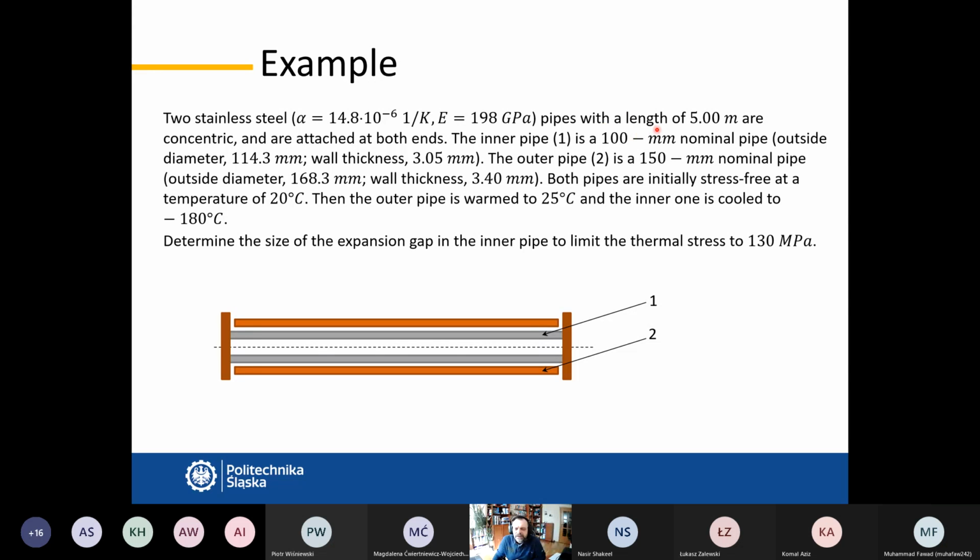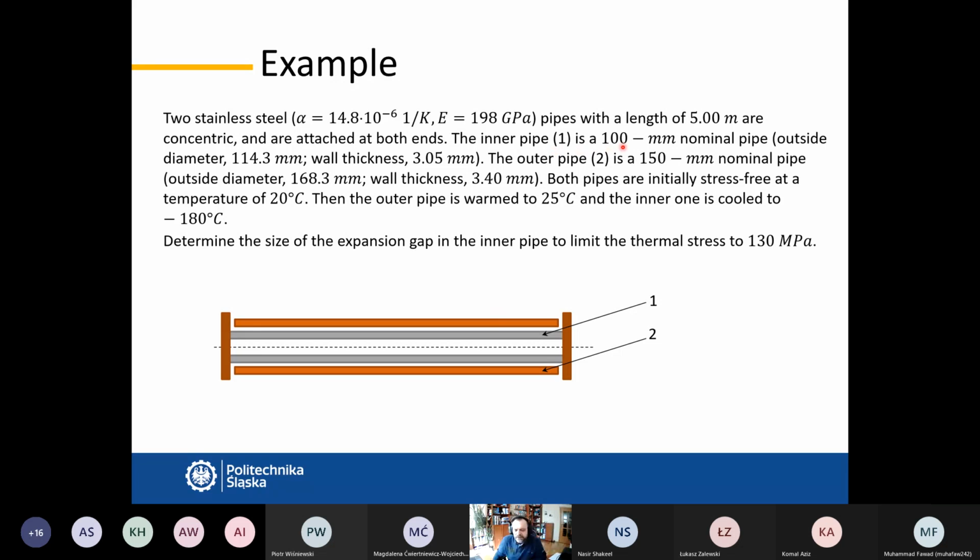We know that both pipes are 5 meters long and are concentric. So this is the situation shown here. We have an internal pipe and an external pipe, so a shield, and they are attached at the ends.